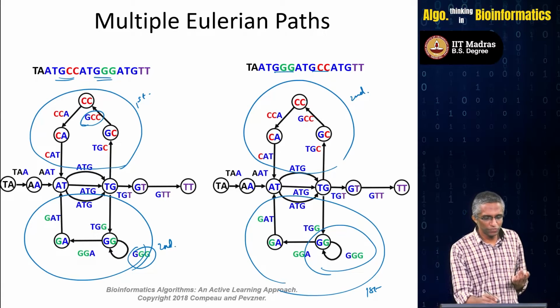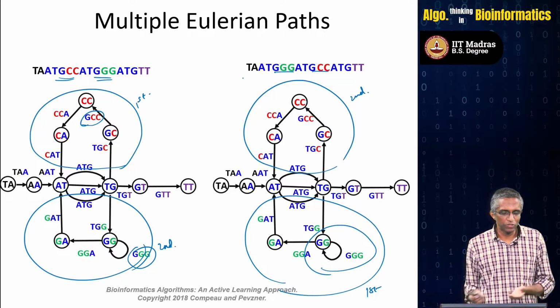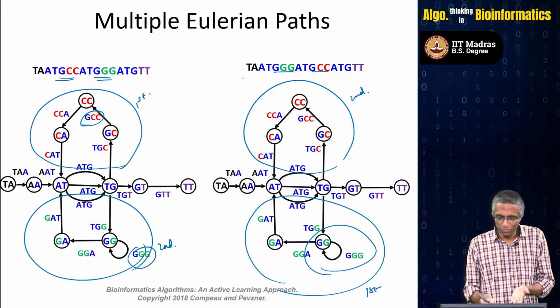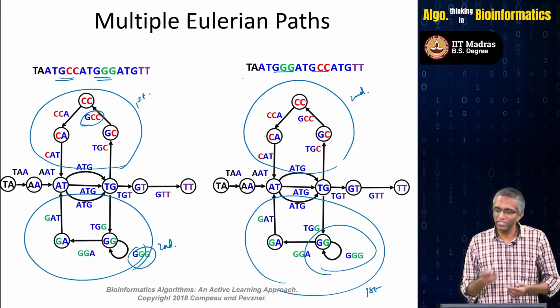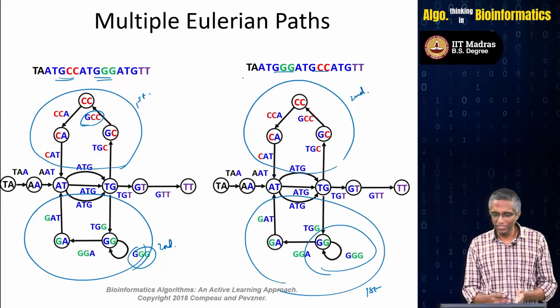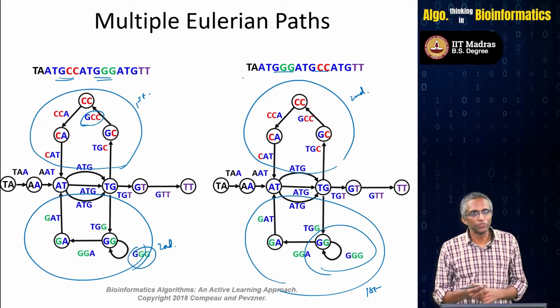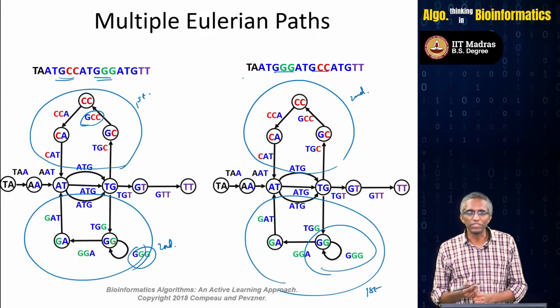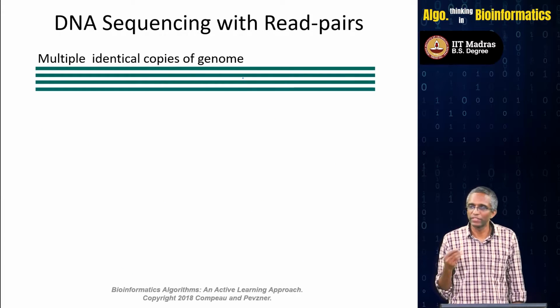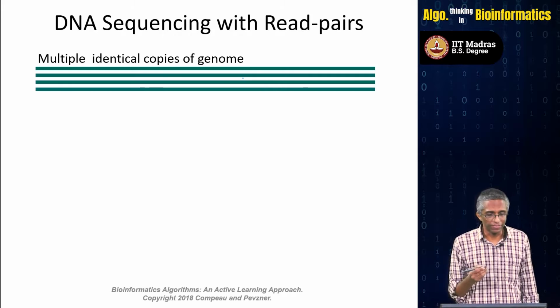So these are two different genomes which have the exact same composition, right? You can check that, and they will have the exact same de Bruijn graph from that composition, and they are just different paths, different ordering of the way in which you visit the edges. Okay. So one technology that allows you to get around this is read pair sequencing.